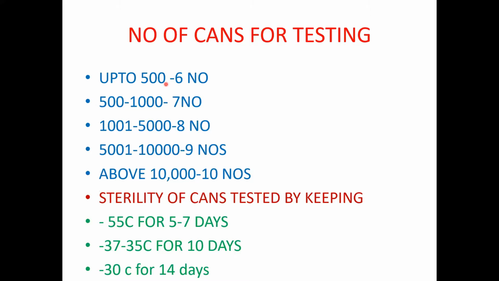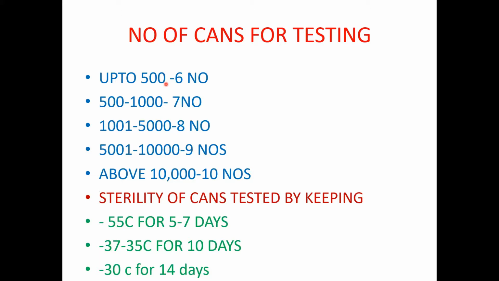Number of cans for testing. Normally when we do canning, we have to report to FSSAI. Remember, suppose you are working in a canning or retorting industry, whenever you do retorting, we have to report to FSSAI. That is the rule, and they will come and take the samples.